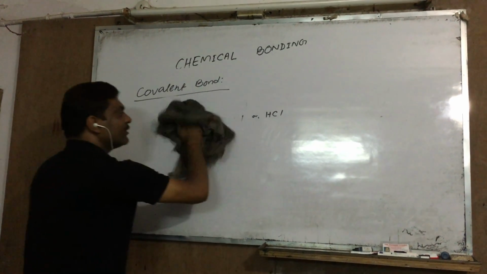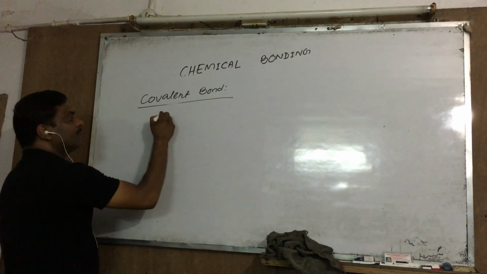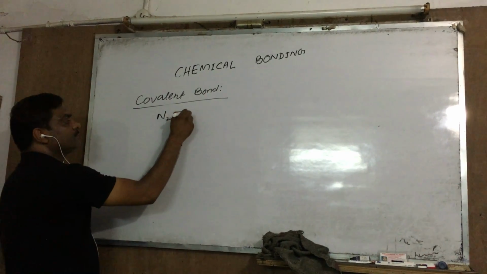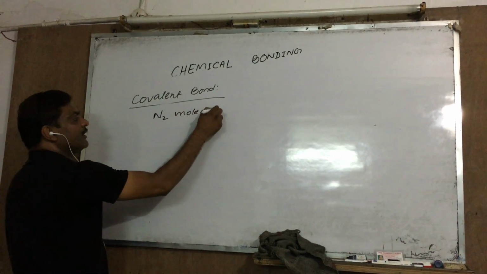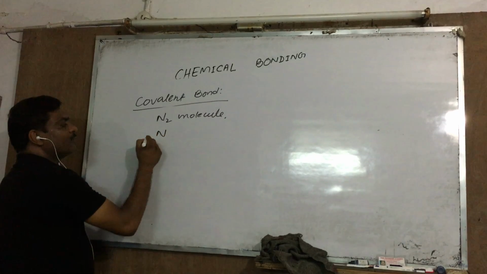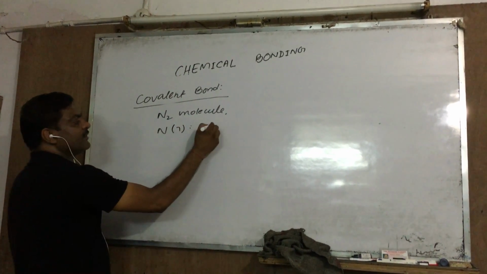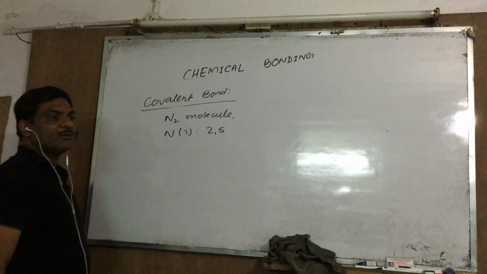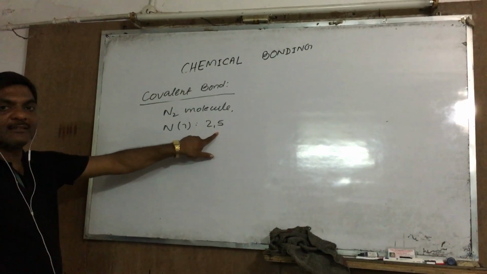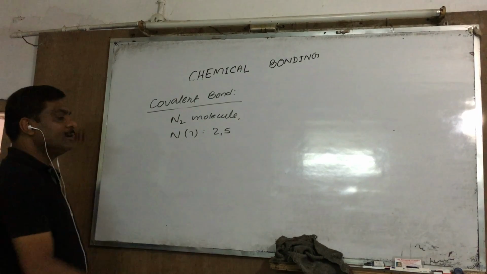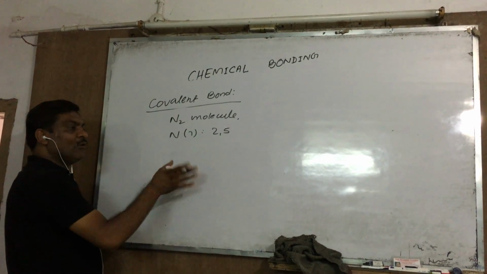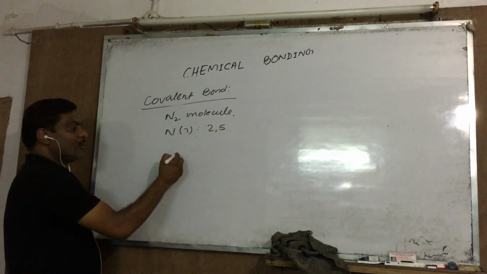Now we are talking about the N2 molecule, nitrogen molecule. Nitrogen has atomic number 7. The configuration is 2, 5. So nitrogen has only 5 electrons in its outermost orbit. It will require 3 more electrons to become stable.